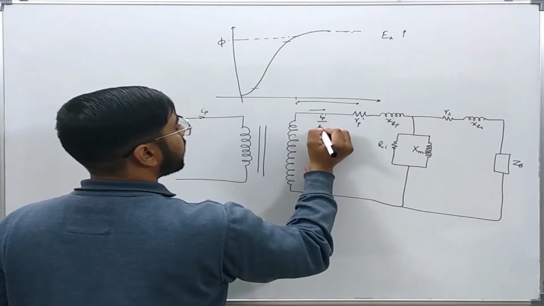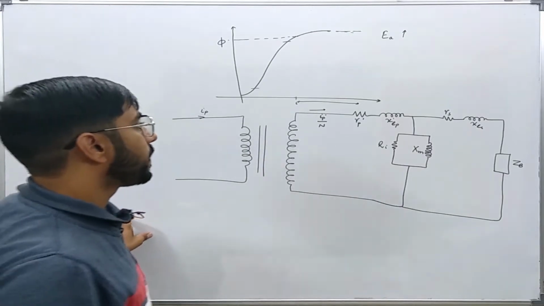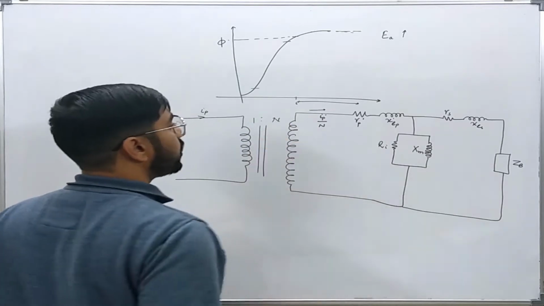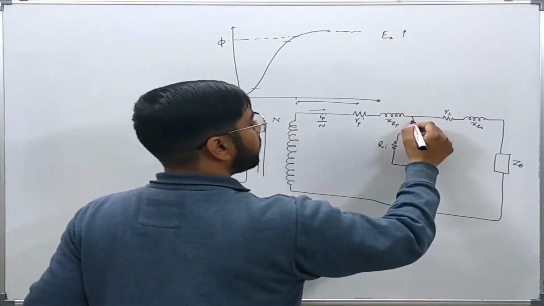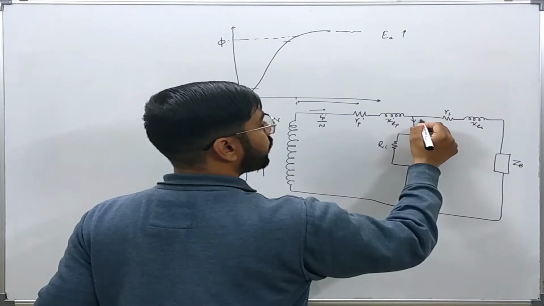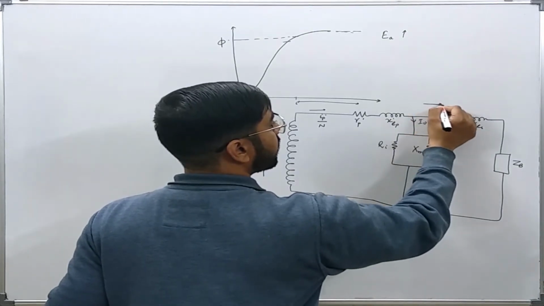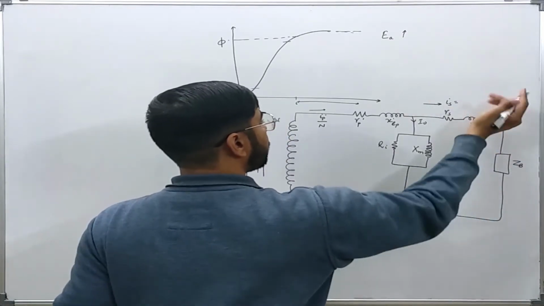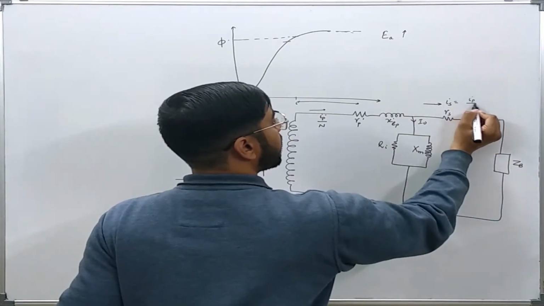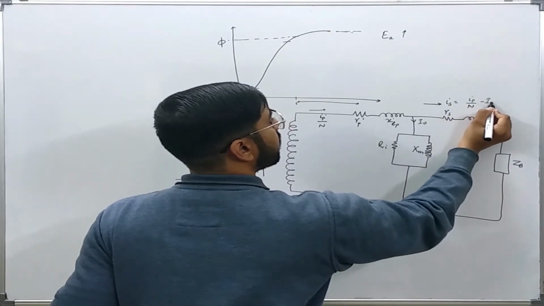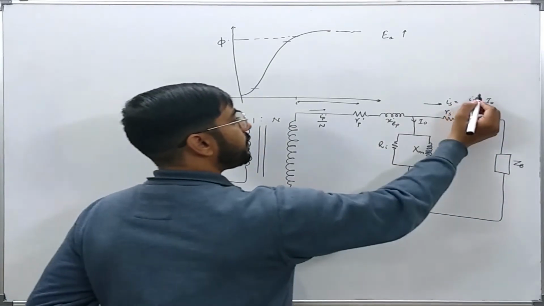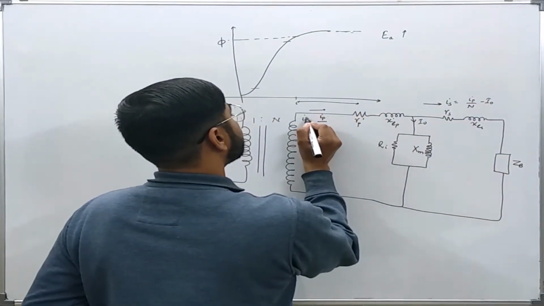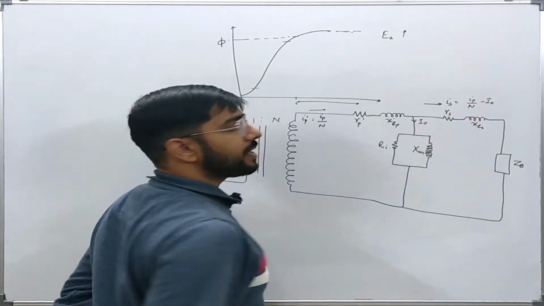Now here the current will be IP dash over N, if the turns ratio is 1:N, let us say. So this will be current IO, and then this current IS, which is in the secondary or the burden, will be equal to IP over N minus IO, or IP dash is equal to IP over N minus IO.